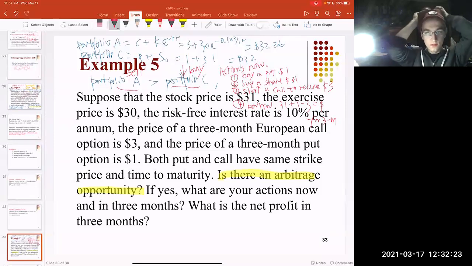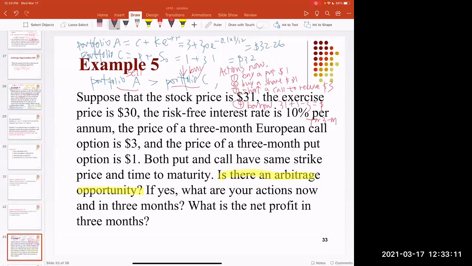Borrow $29. So you're going to borrow 29, right?